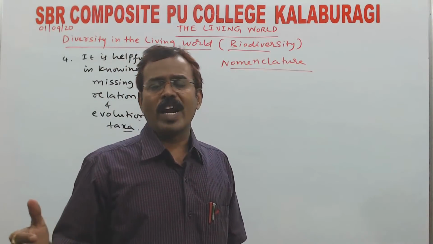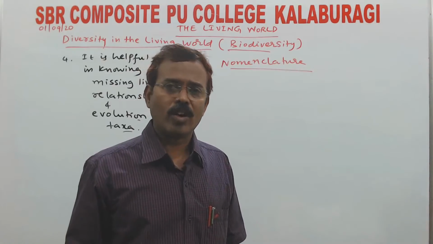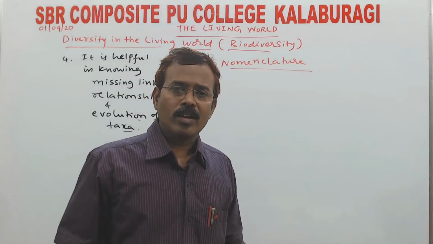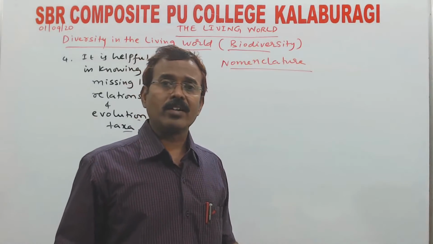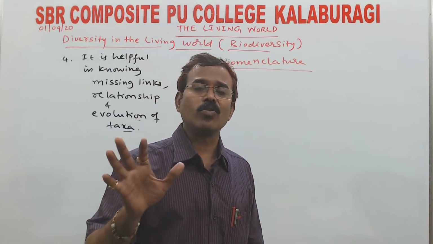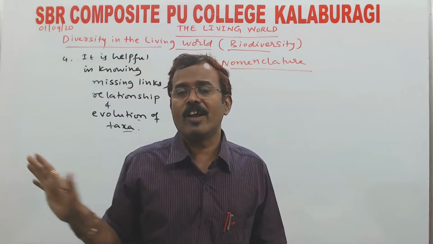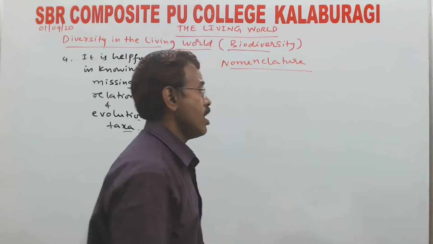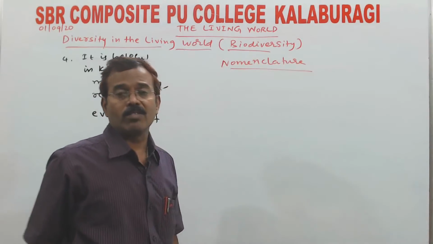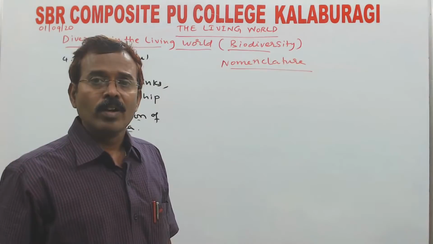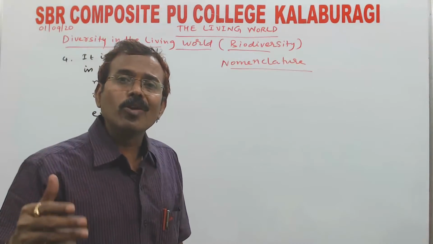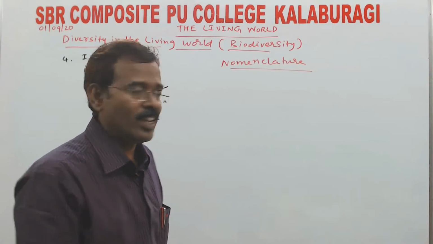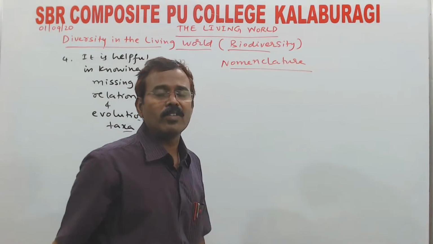We have different plants and animals living in different habitats. Large numbers of plants and animals are there whose characters are very difficult to remember unless we do a systematic study with the help of taxonomy. One of the aspects is mainly the naming of organisms, that is nomenclature. We have to give a name to an organism. Naming of an organism, in simple terms, is nomenclature.